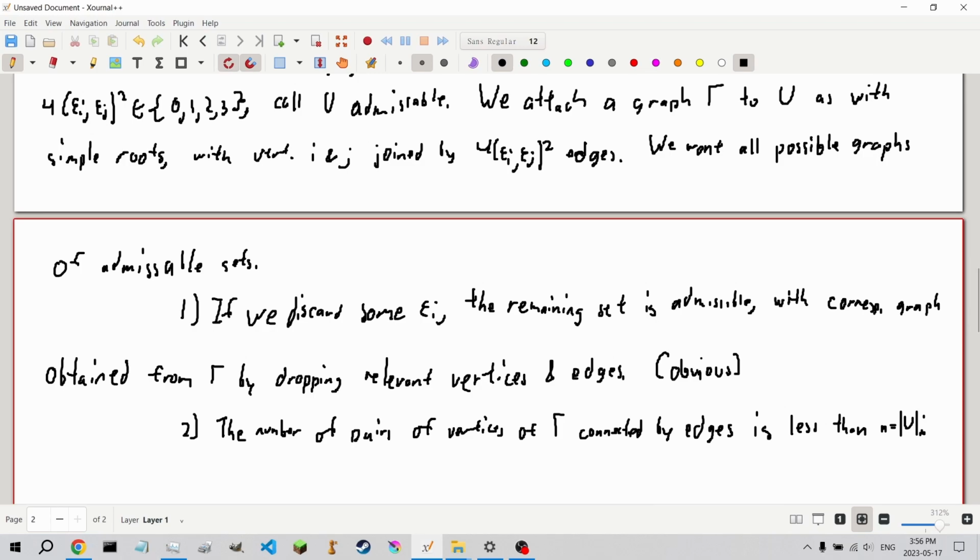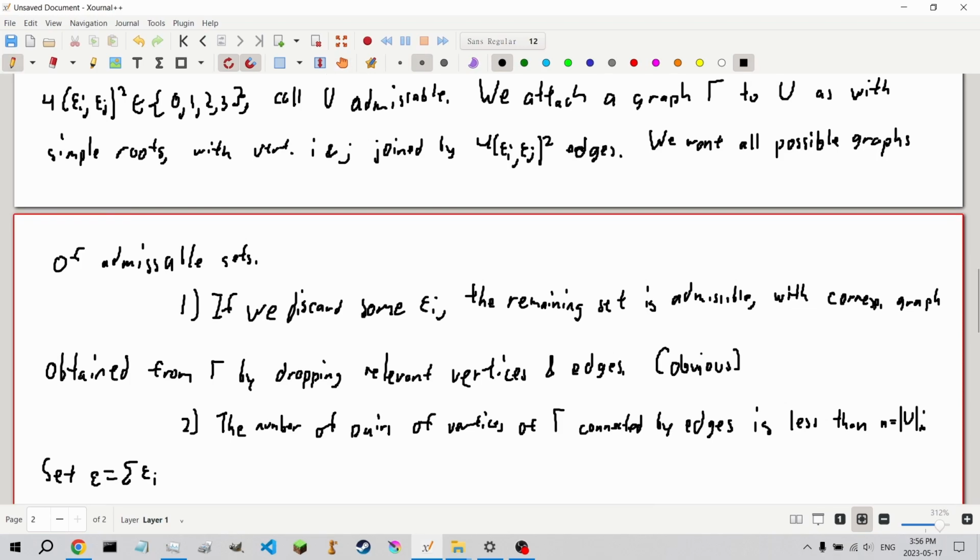So we're going to set epsilon to be the sum of epsilon_i for i from 1 to n. Since our collection of epsilon_i is linearly independent, epsilon is non-zero.